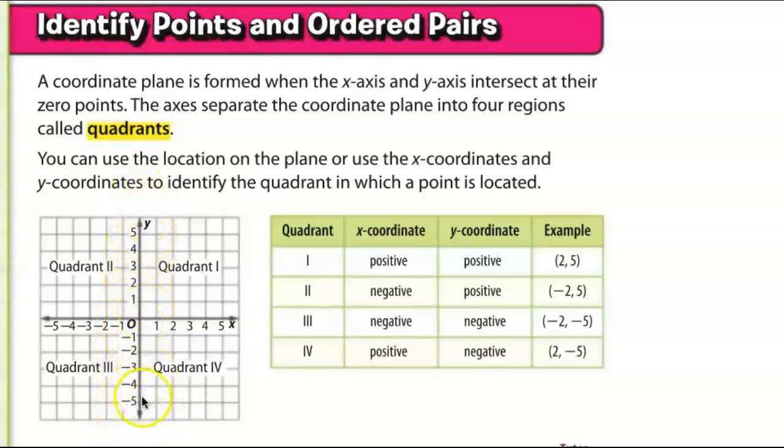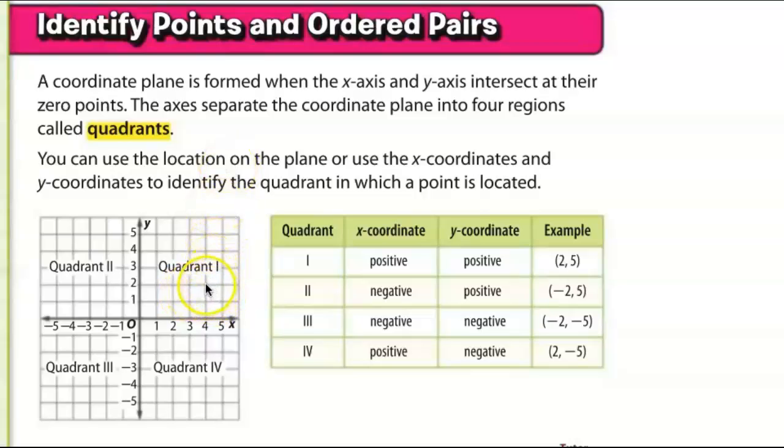connect a vertical number line with a horizontal number line at 0, that is the origin, 0, 0. When you do connect those two number lines, it creates actually 4 quadrants.